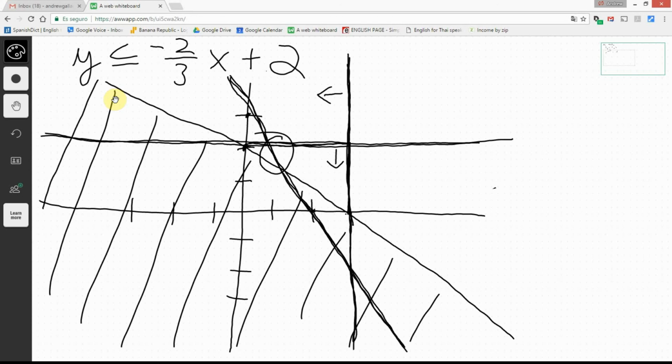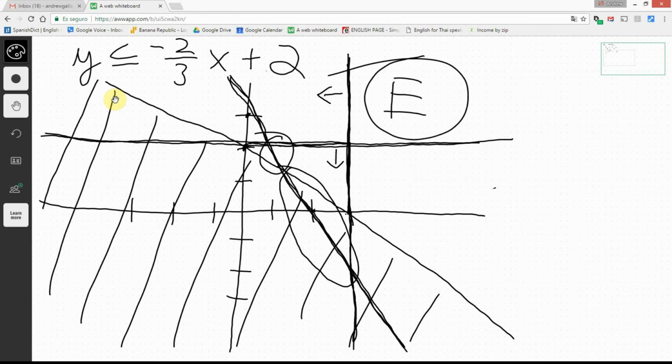And then we have everything else here, which is on the line defined by statement 1, within the boundaries defined by statement 2, but it is in the region. So you get one answer that says yes and one answer that says no. So that means E, even taken together, they are insufficient. Okay?